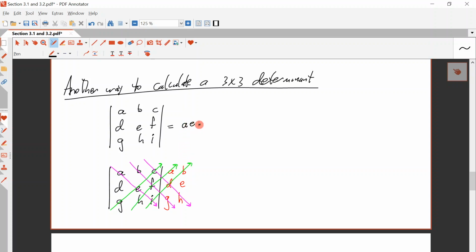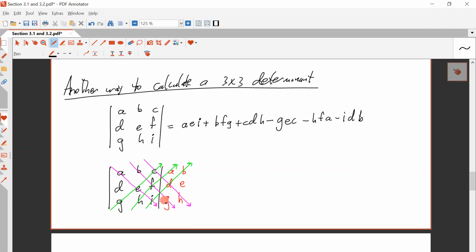So it's AEI plus BFG plus CDH minus GEC minus HFA minus IDB.